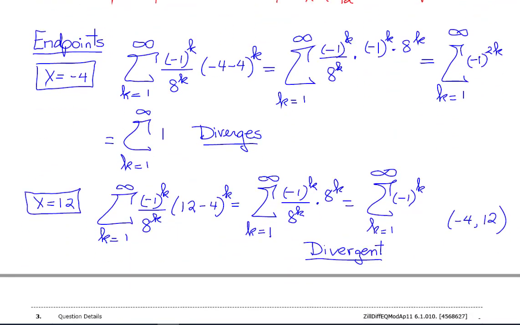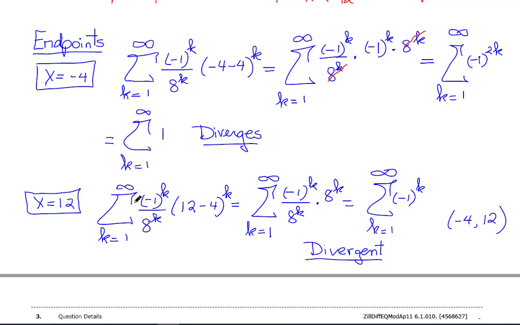So let's see, plugging in minus 4. Minus 4 minus 4 is a minus 8 to the k. So I split this off as minus 1 to the k, 8 to the k. Alright, well, the 8 to the k parts cancel. I get minus 1 to the 2k, which is just positive 1. So I'm adding up 1 plus 1 plus 1 plus 1, which clearly diverges.